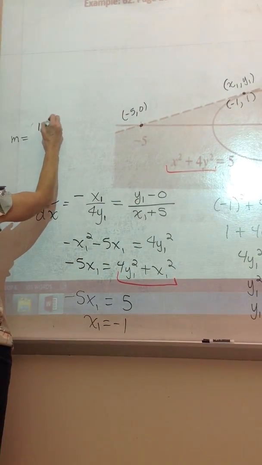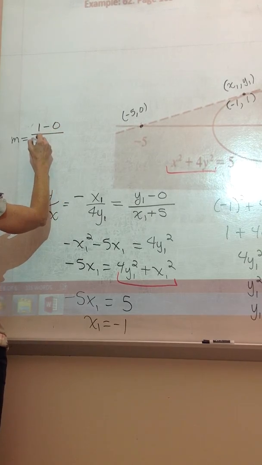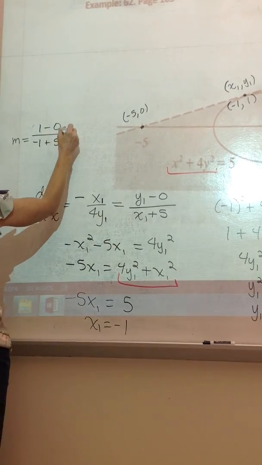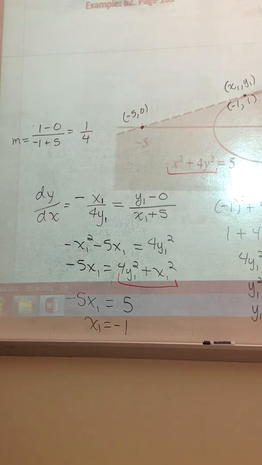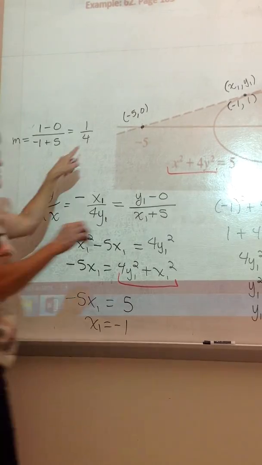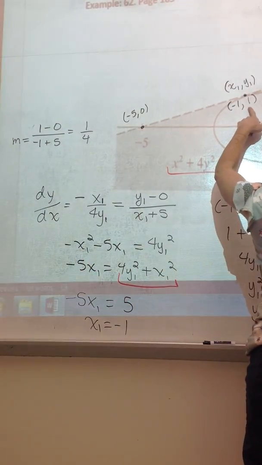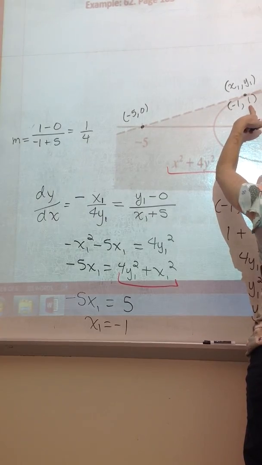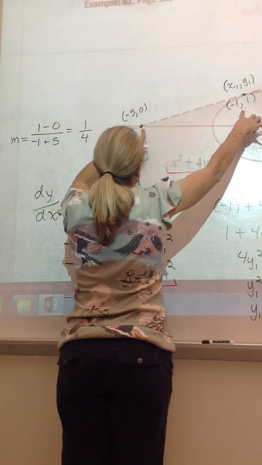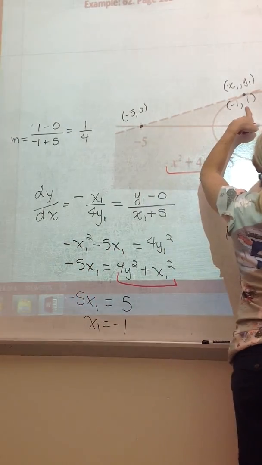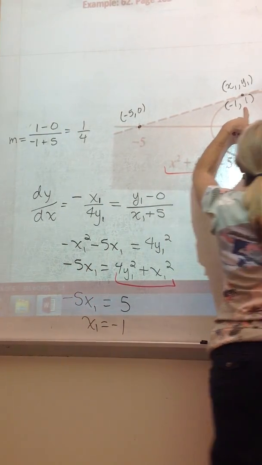So 1 minus 0 over negative 1 plus 5 equals 1 over 4. Okay, so the slope of the line is 1/4. But then that slope should be the same as the slope between these 2 points. So if the slope between these 2 points is 1/4, the slope between these 2 points should also be 1/4.